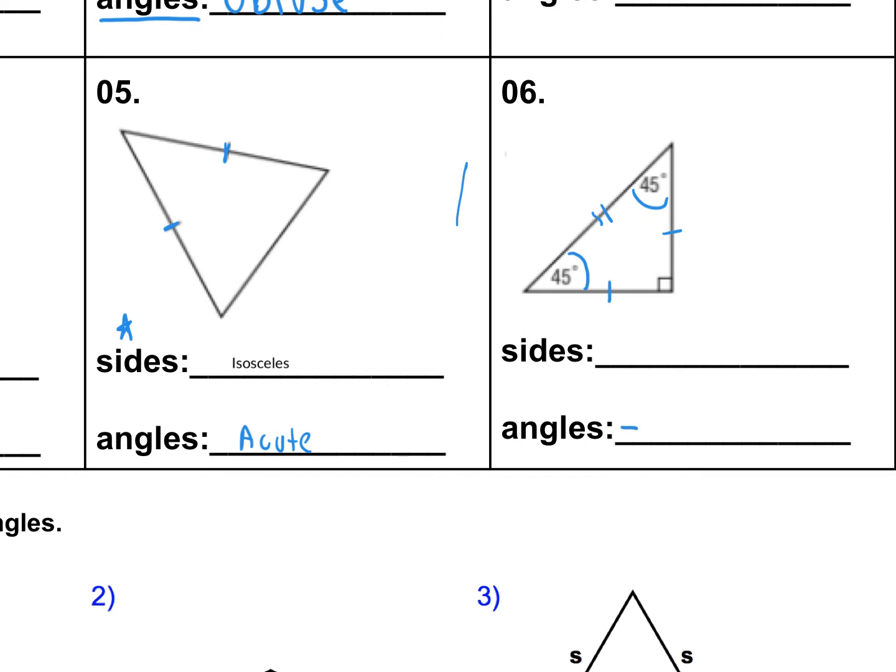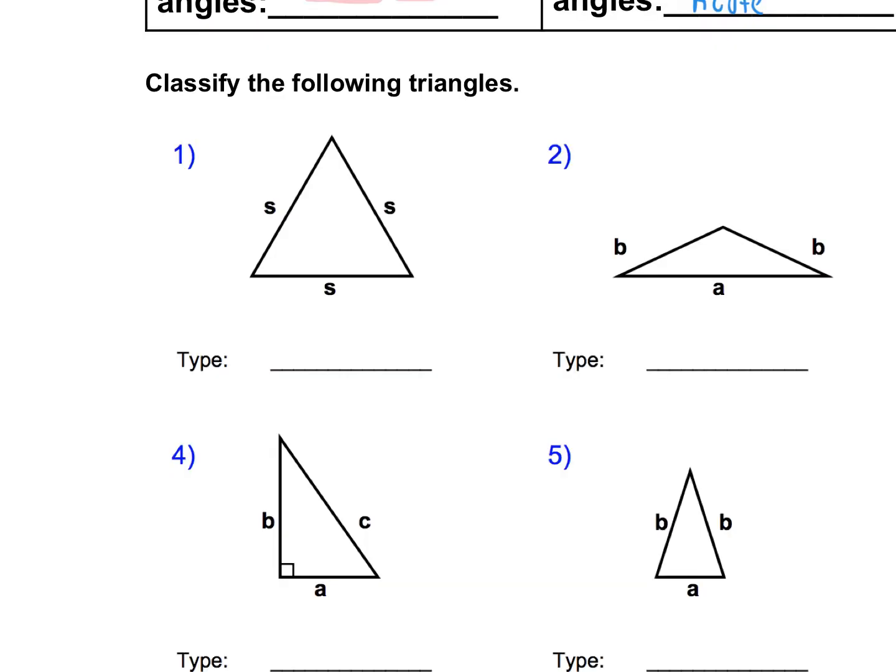And for my angle, I see it's a right angle, so it has to be a right triangle. Down here, if they all have the same letter, then we know that they're the same type of triangle. So this would be an equilateral as well as equal angular triangle.